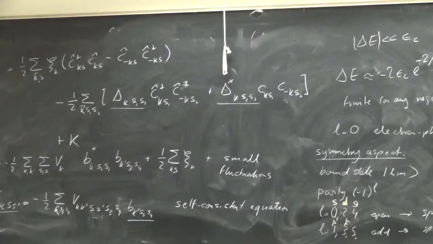Now, what is coming in new here compared to the standard BCS theory is basically that we have here a rather complex dependence on momentum and spin.